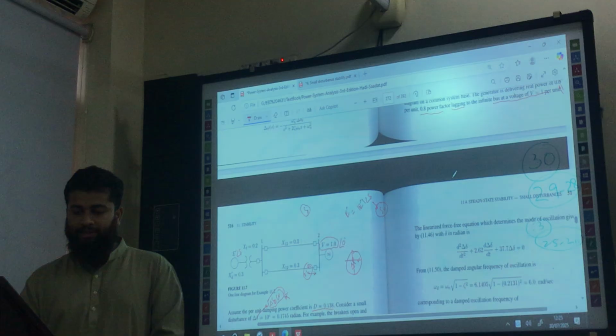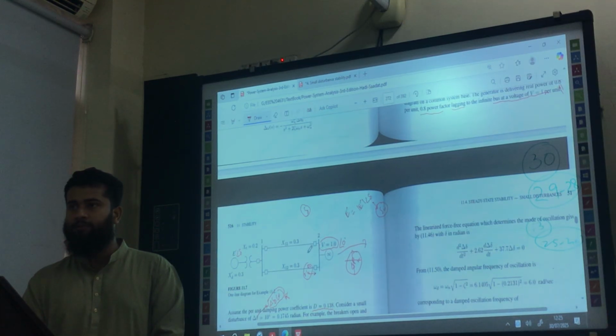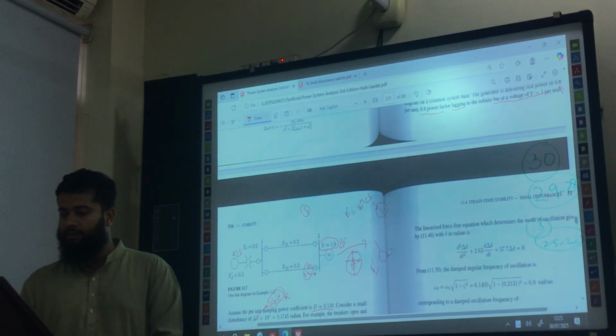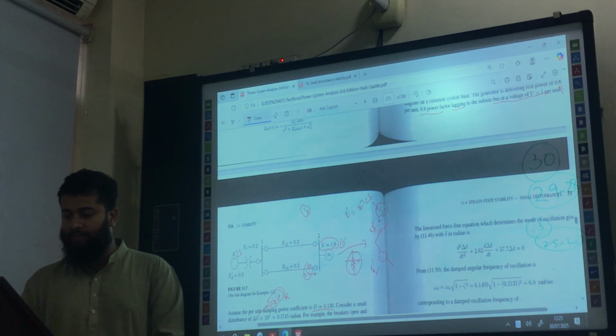Now to find this E prime voltage, first we need to draw the equivalent circuit of this. How can we do that? We have one voltage source for the synchronous generator, then we have the transient reactance Xd dash. Then we have the reactance for the transformer XT.